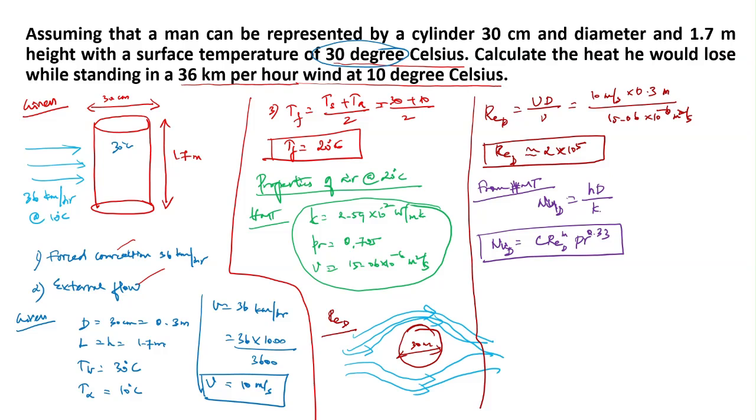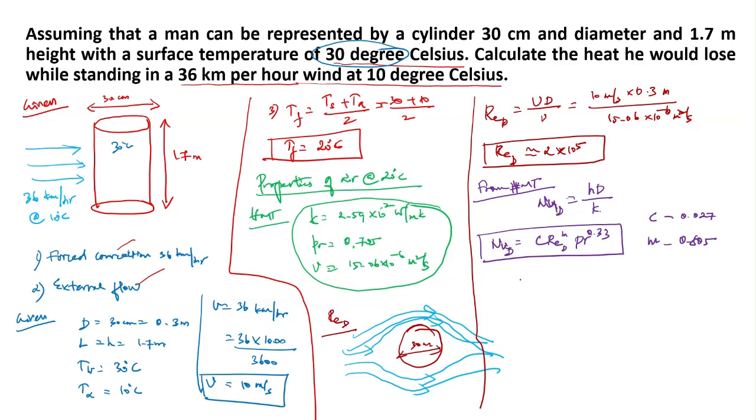Now we substitute the values. Before that, you need to know what C and M are. The coefficient constant C is equal to 0.027, then M is equal to 0.805. You can substitute the values of C and M with the Reynolds number.